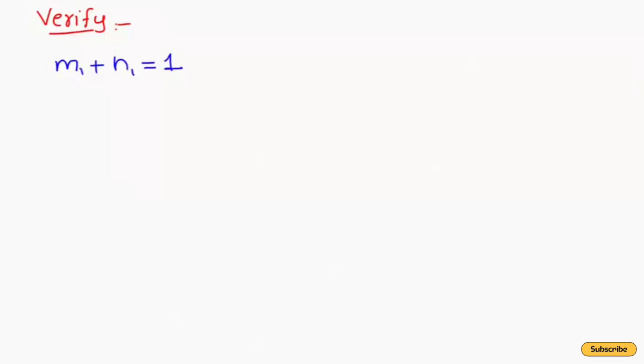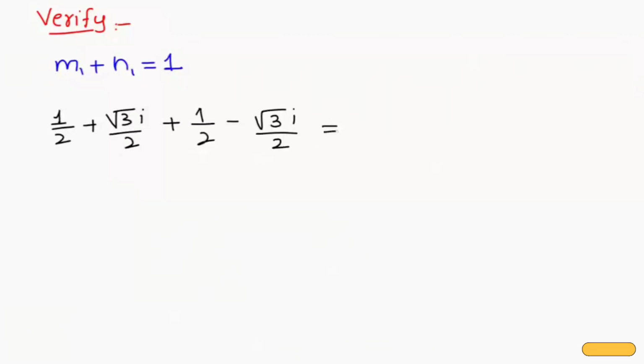So the value of m1 we have, that is 1 over 2 plus root of 3 iota over 2, plus 1 over 2 minus root of 3 iota over 2 is equal to 1. Here this positive root 3 iota over 2 and this negative one are going to cancel out. So here we'll get 1 over 2 plus 1 over 2 is equal to 1.